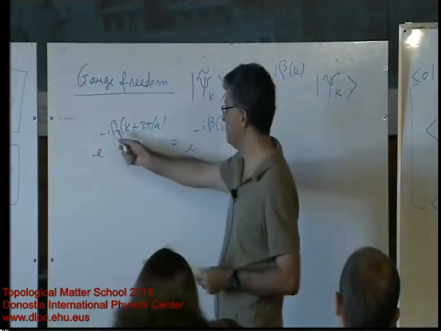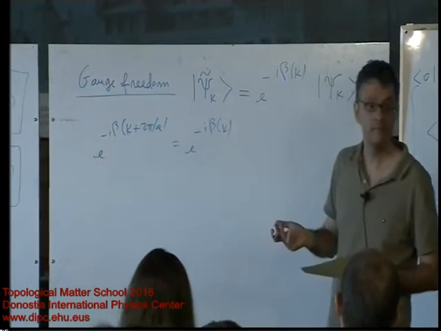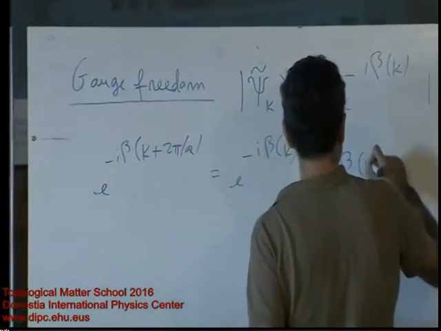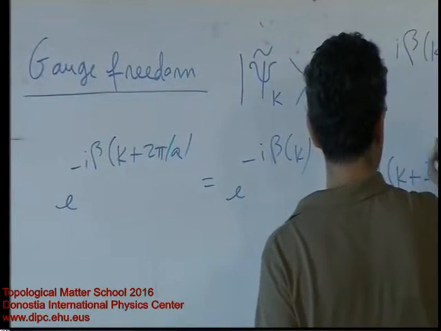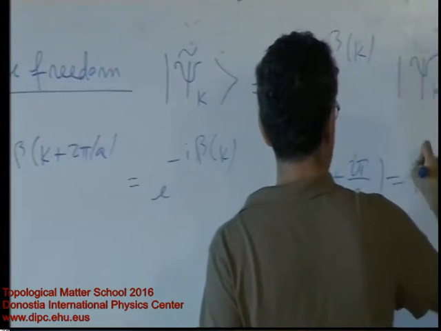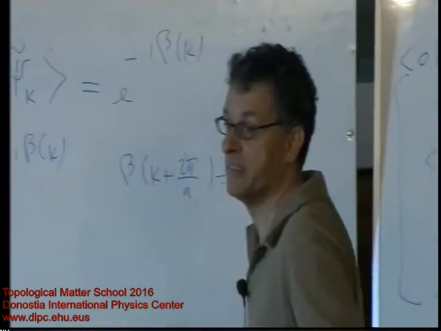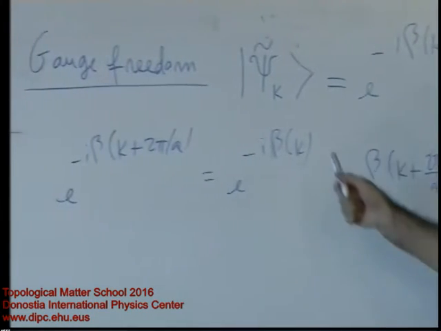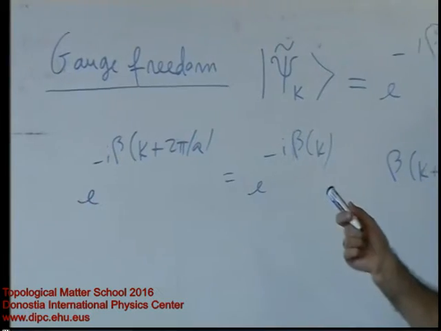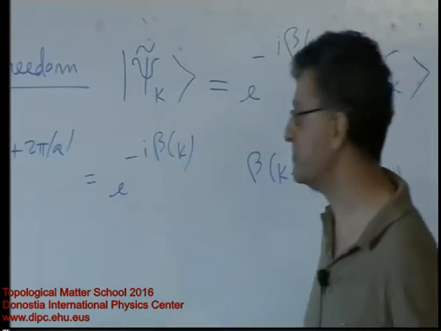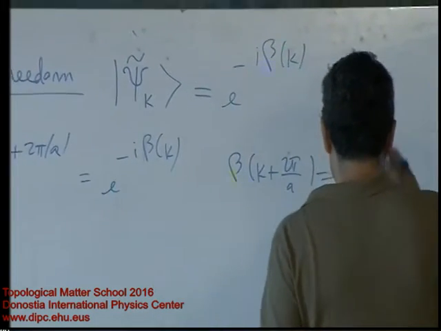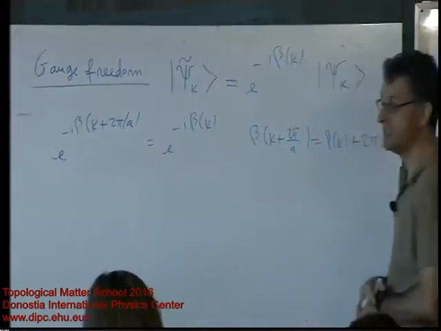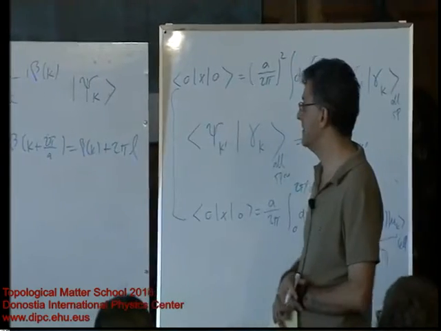So certainly, if beta is a periodic function of k, so if beta of k plus 2 pi over a is equal to beta of k, we're good, obviously, right? But actually, we can go one step further because beta only appears in the exponent, right? So we can use the most beautiful formula in mathematics, which means that we can actually put a 2 pi L here and exponentiate it.